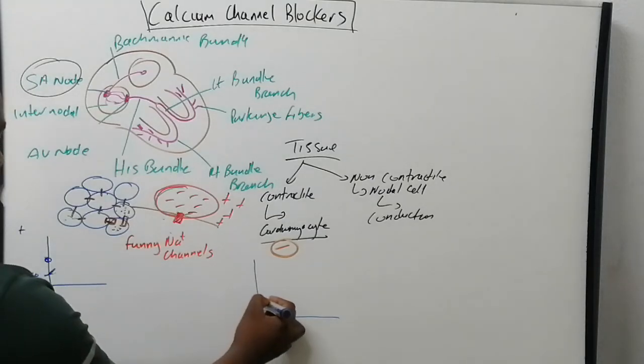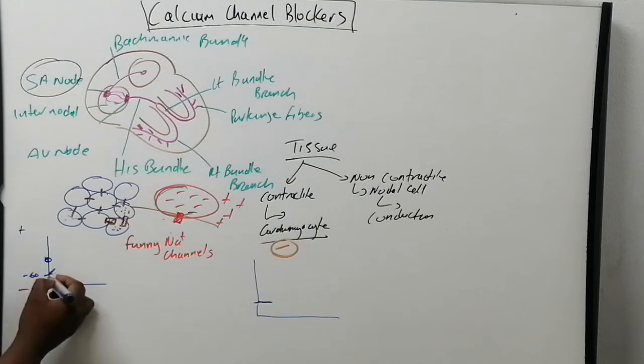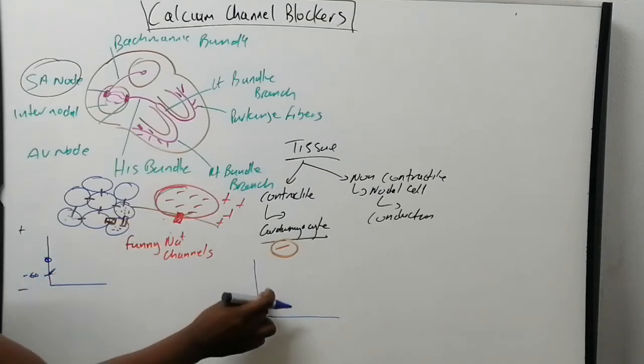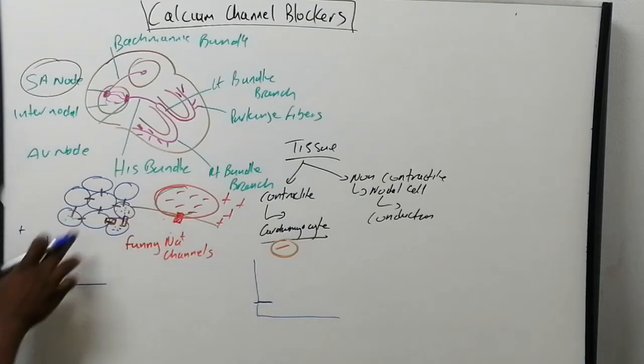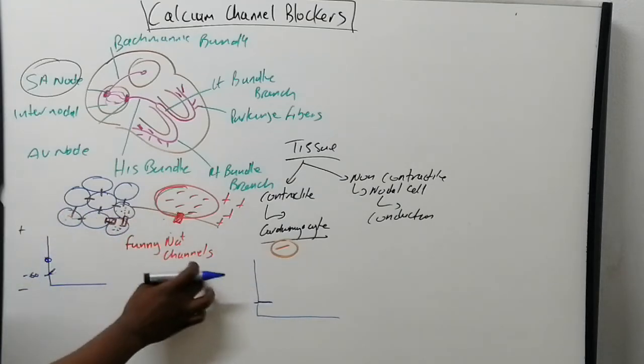So if this is minus 90, for the cardiomyocytes it's like this. But here there are no leaky sodium channels. For these ones, there are leaky sodium channels, the funny sodium channels.